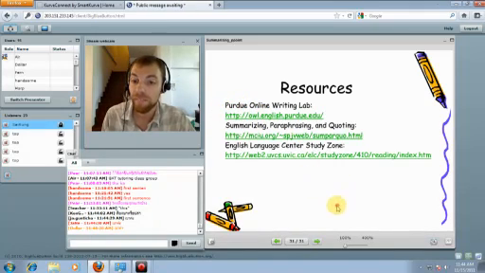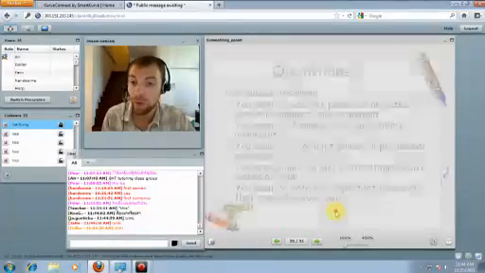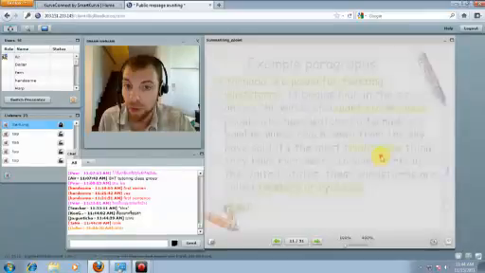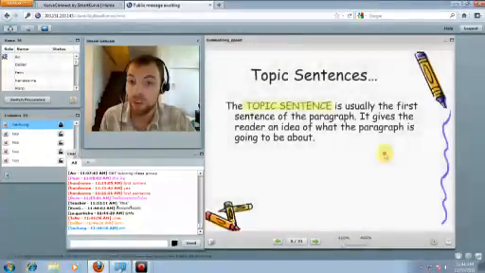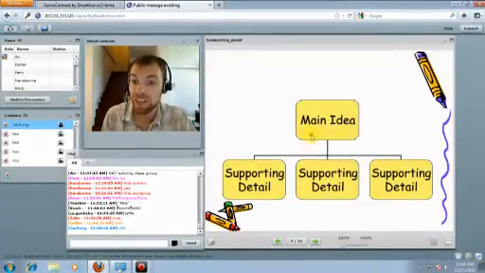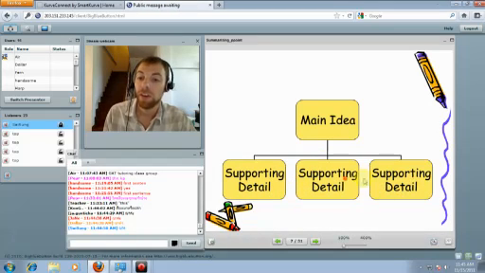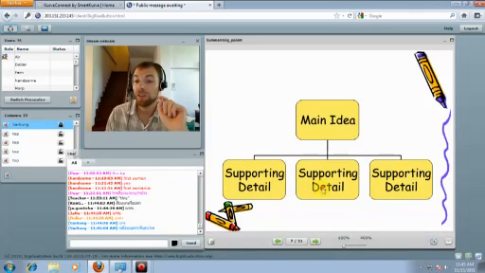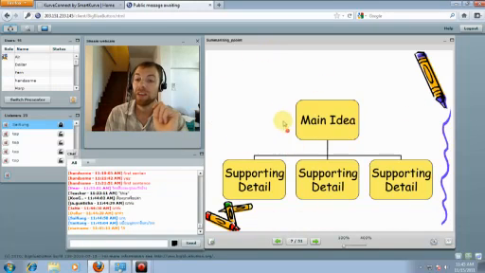But I think it's really most important to remember that when we summarize, we have a main idea and supporting details. So it's important to remember when you are writing, think about what you're writing about and detail, detail, detail. And then another paragraph, same thing, main idea, detail, detail, detail. And overall main idea.